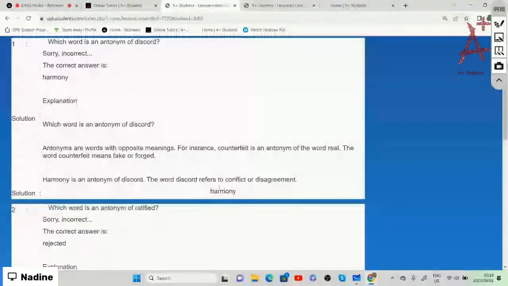Synonyms are words with the same meaning, and antonyms are words with opposite meaning. For instance, counterfeit is an antonym of the word real, right? And the word counterfeit means fake or forged.